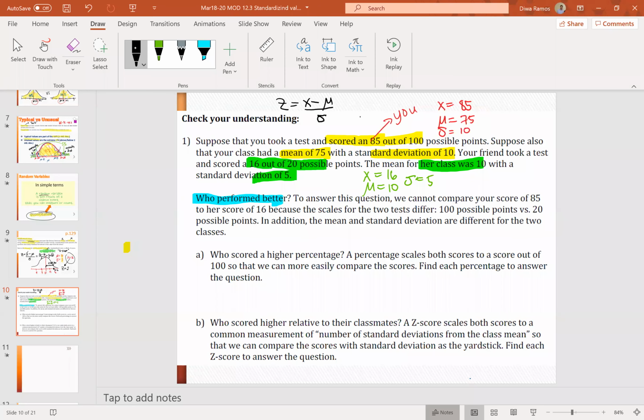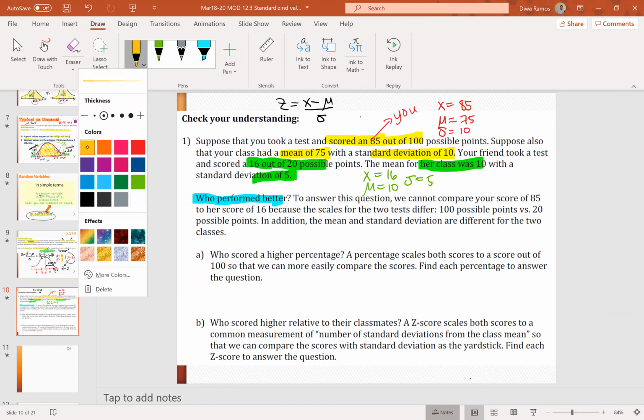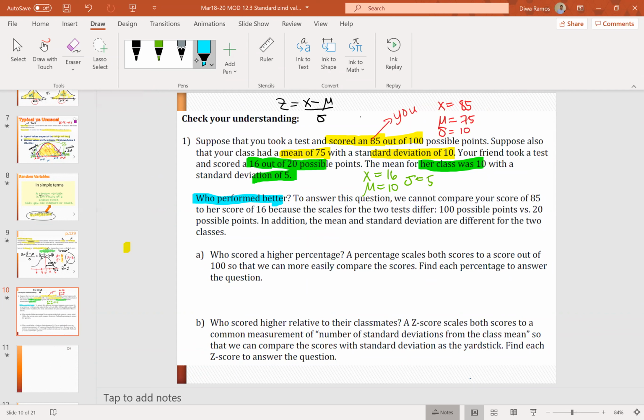Let's take a look at some of the sub questions before we make generalizations or conclusions. The question is who scored better. First, let's look at the percentages. A percentage scales both scores to a score out of 100.